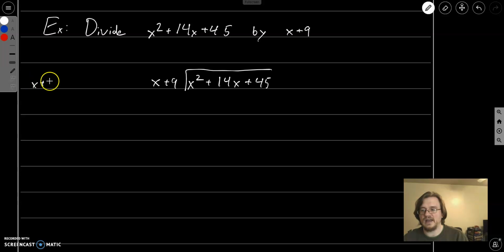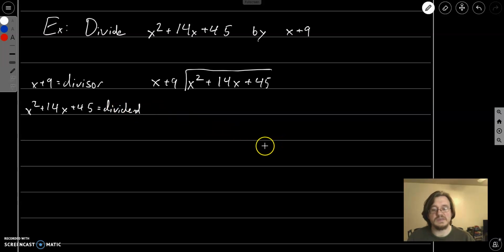Again, x plus 9 is what we're dividing by, so this is going to be our divisor. x squared plus 14x plus 45 is going to be the dividend. It is what is being divided, and then we'll just need to figure out what our quotient and what our remainder is.